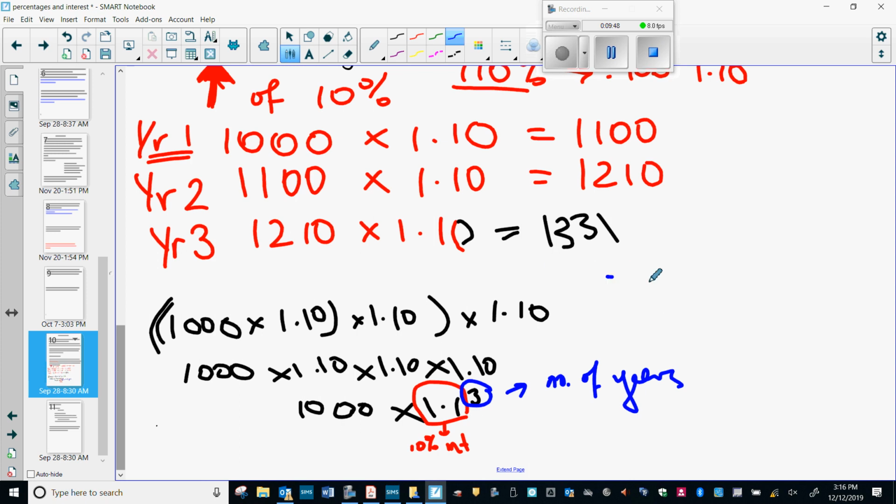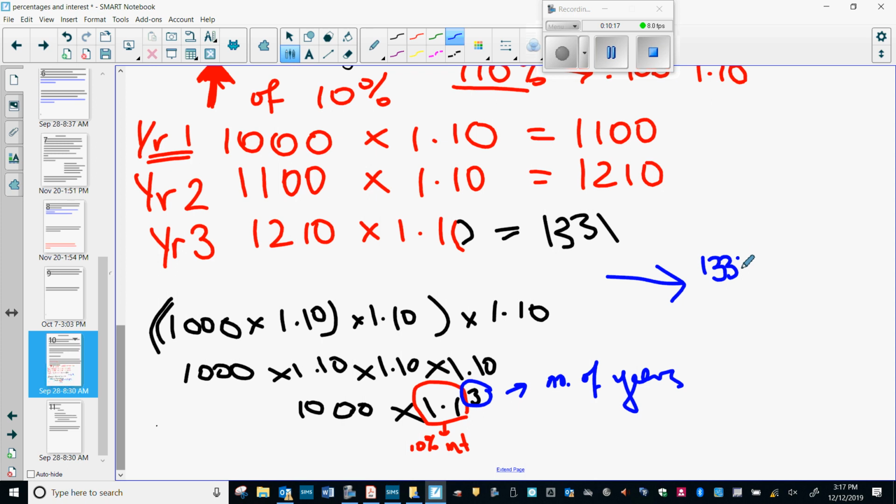How much interest did we actually earn here? Be careful. So it was 1,000. We've now got 1,331. How much interest was it? Well, I say be careful, but it's not a trick question. It would be 331. Yeah. How'd you get that? I got it because it started off with 1,000 and then it had 331. So what did you do with the numbers? You subtracted them, yeah?